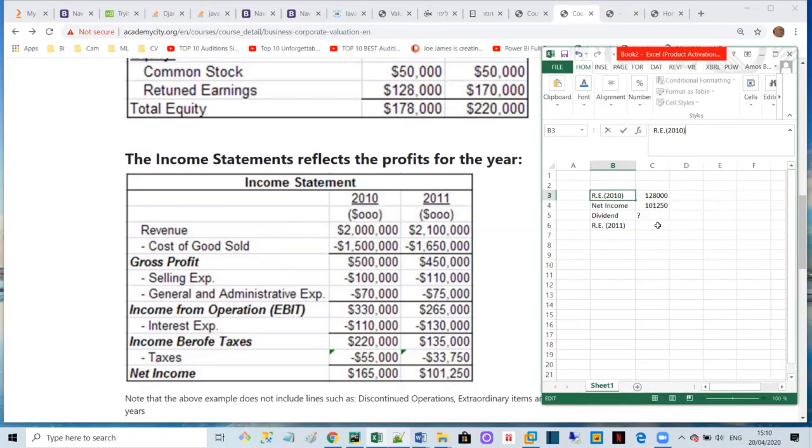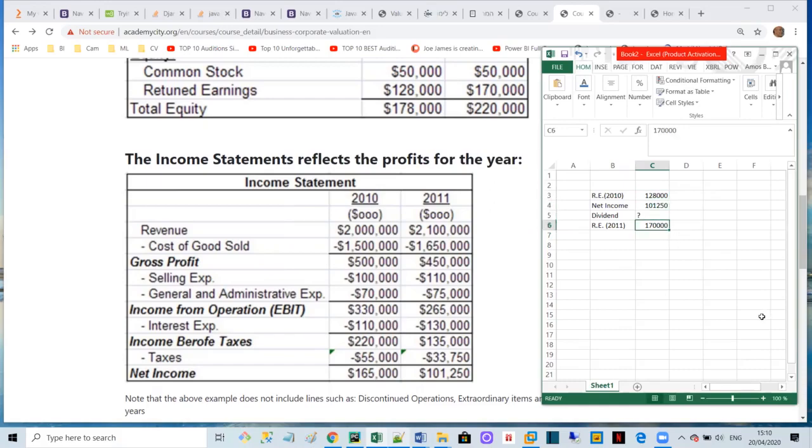Now, we know this number. We know that this is 170. Can I find the dividend? Because the 170 supposed to be the retained earning beginning of the year plus the profit of the year minus the dividend.